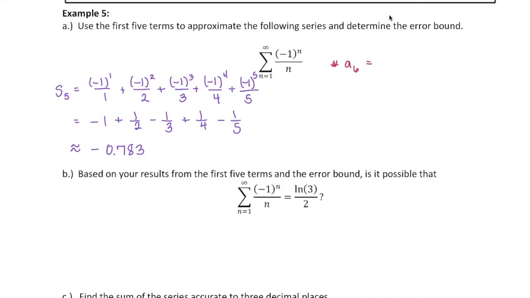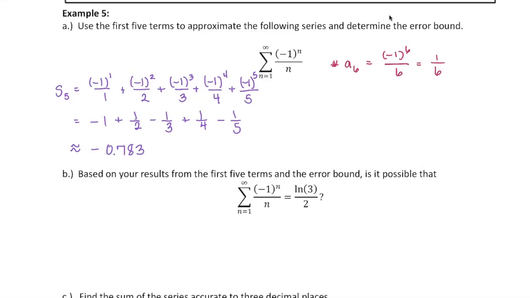So the 6th term would be -1 to the 6th over 6, which is 1/6. So our error, our remainder, is less than 1/6 from what the actual sum of the series is going to be.